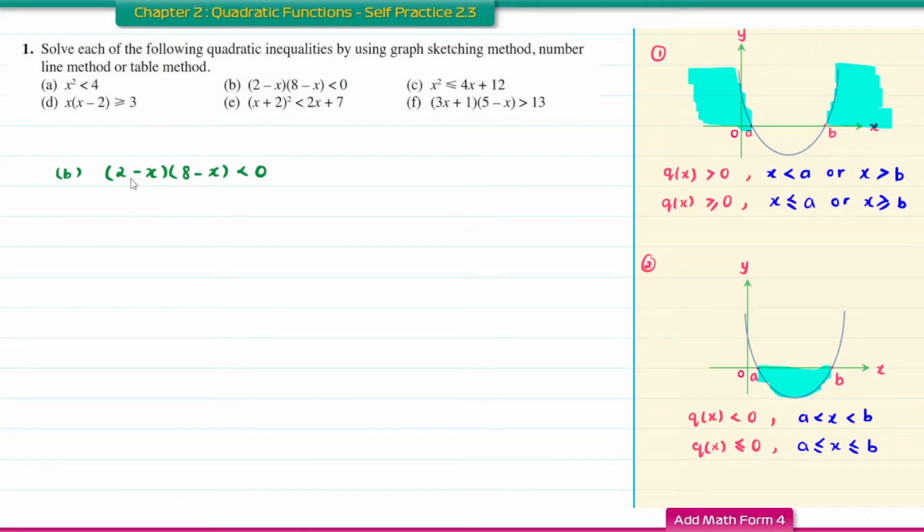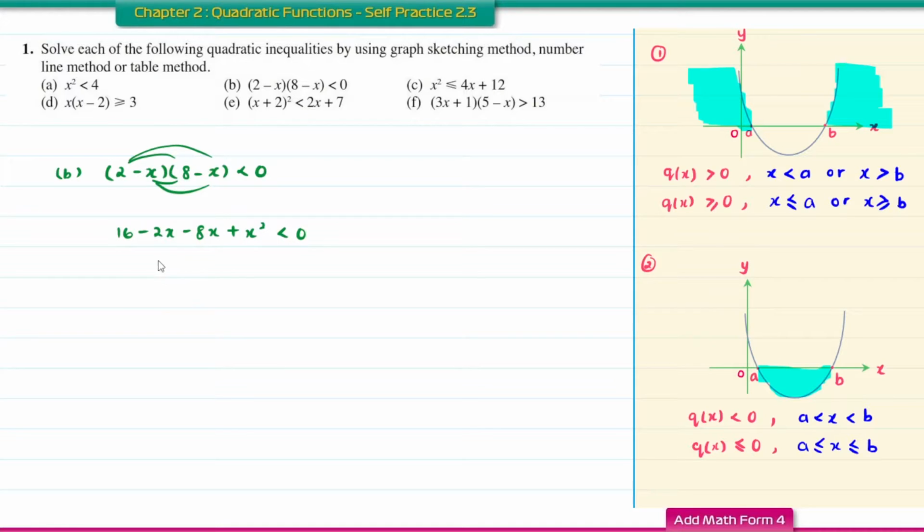Question B, (2 minus x)(8 minus x) less than 0. First I'm going to expand this so that I will know what the values of a, b, and c are. After expansion, I'm going to get 16 minus 2x minus 8x plus x squared less than 0.